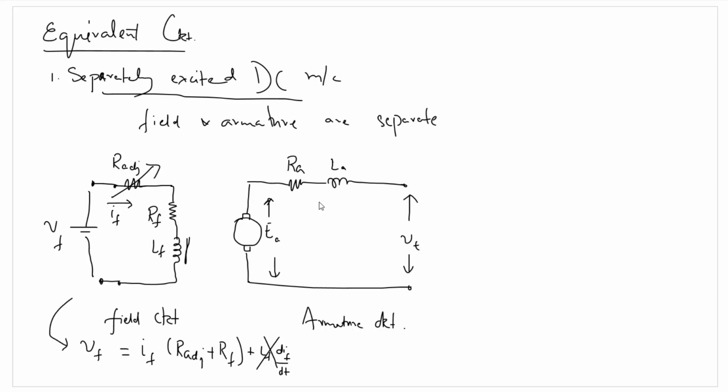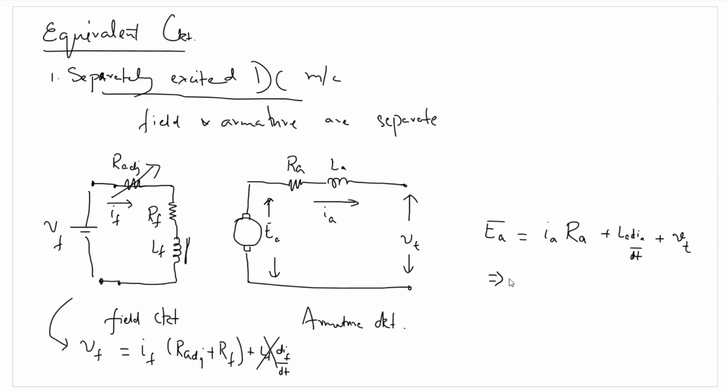Since it's behaving as a DC generator, the direction of current will be shown like this. In the armature circuit for a DC generator, EA will be IA RA plus LA dIA by dt, if we are talking about transient stability analysis, plus the voltage VT.